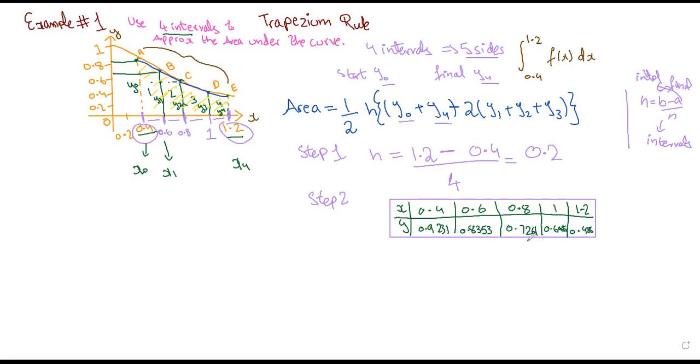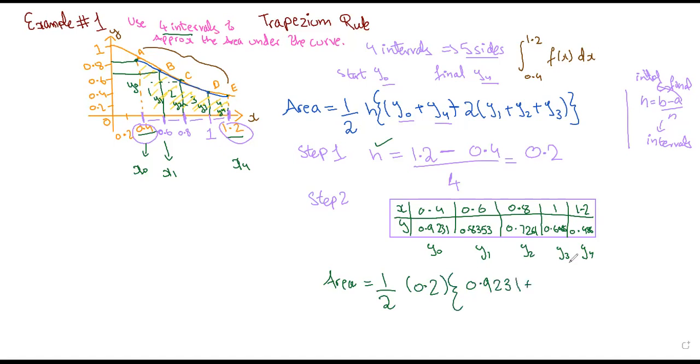Okay, so these are the values. Now this is y naught, this is y1, y2, y3, and y4. Now we have h, we have y's. We can simply calculate the area by plugging in all these values. Do you understand? Yes.